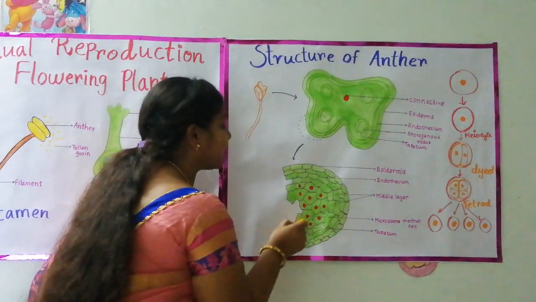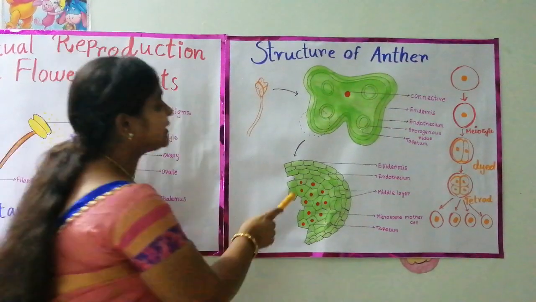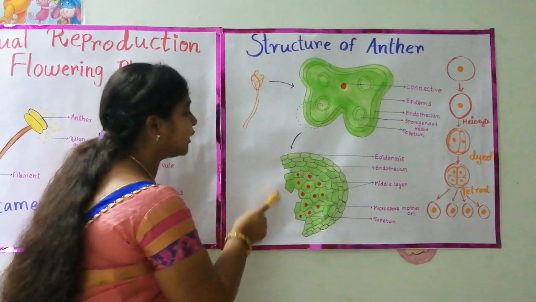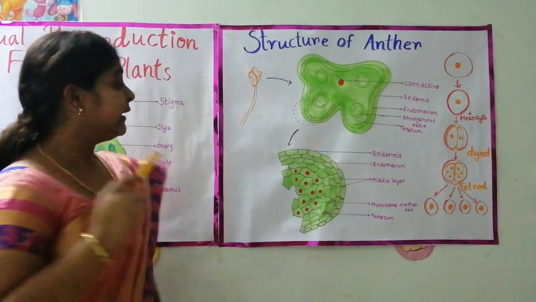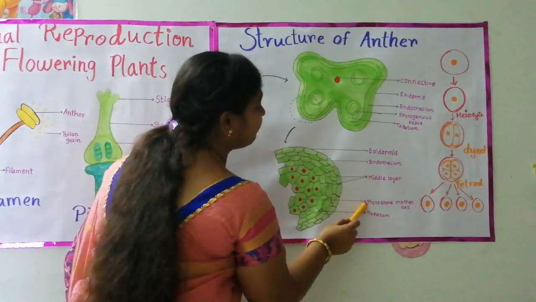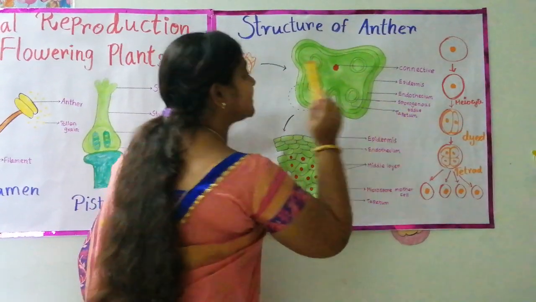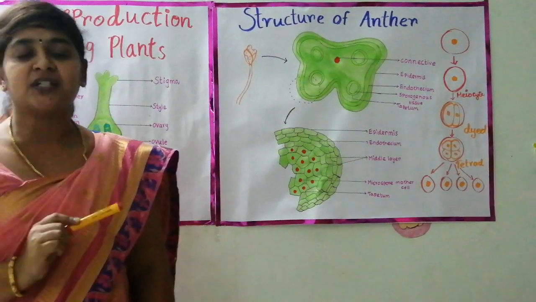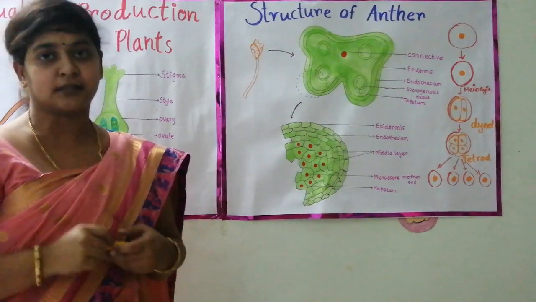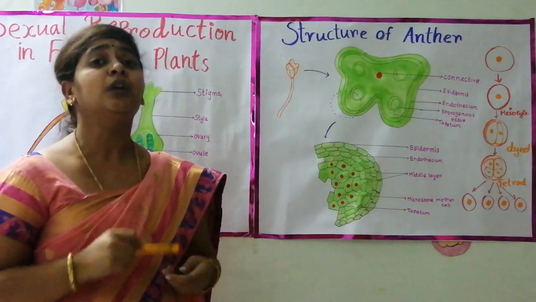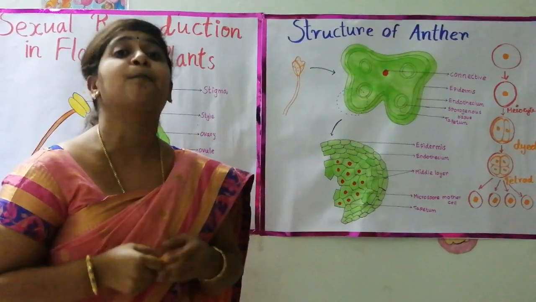Inside the microsporangium, if you look at this picture, this is the microsporangium. So inside the microsporangium, what will be there? There will be the microspore mother cell or sporogenous tissue. What do you mean by sporogenous tissue? The sporogenous tissue is the tissue which produces the spores.